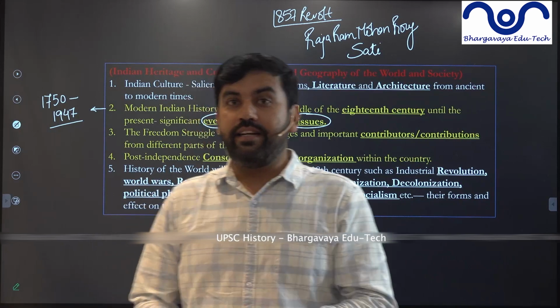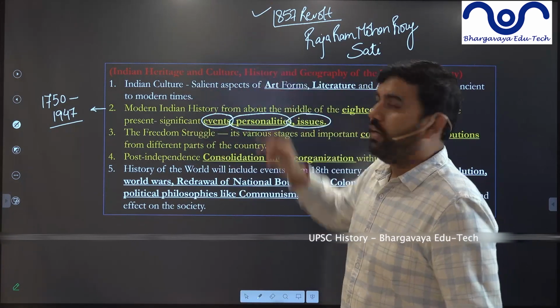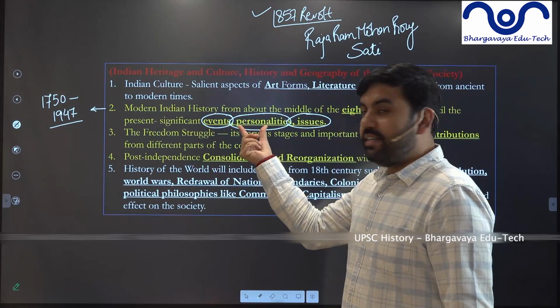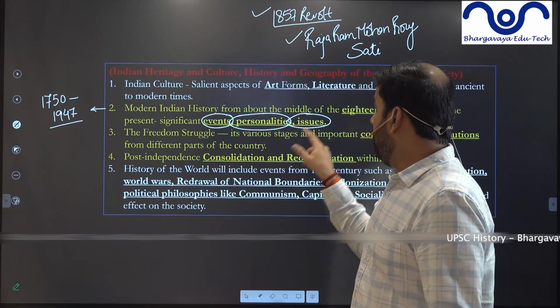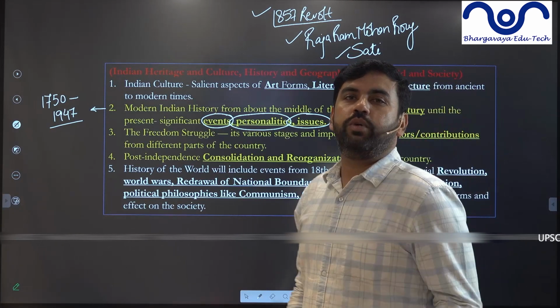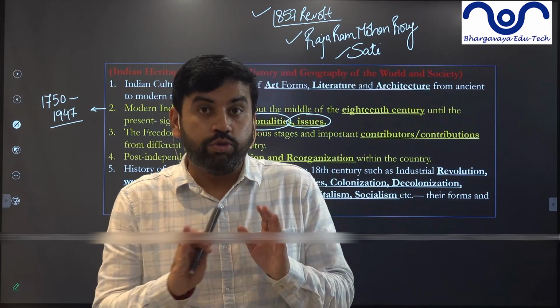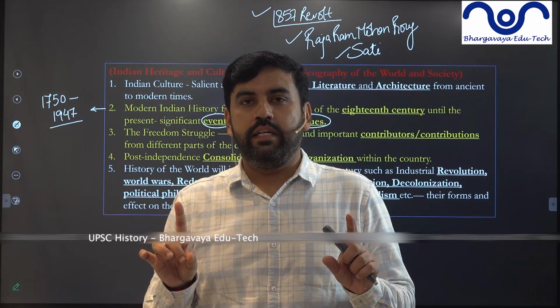Now let's understand the syllabus. Events, revolt of 1857. Personalities, Raja Ram Mohan Roy. These are just the examples, guys. Issues, Sati, which is a socio-cultural issue. Are you getting my point?